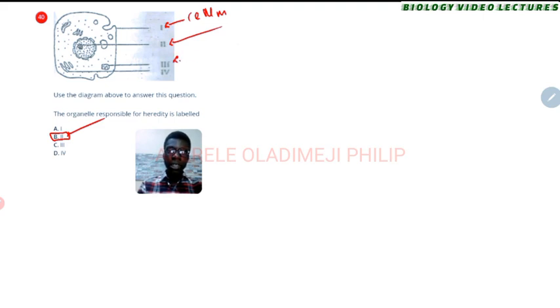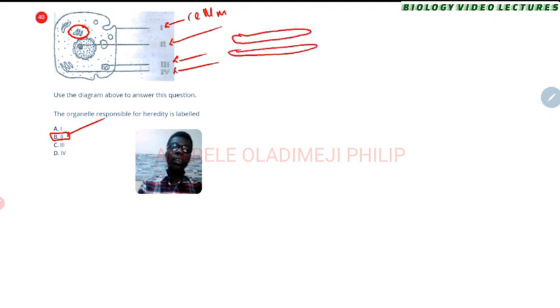Then 3 is mitochondrion, singular. Then 4 is your endoplasmic reticulum. Yes, this other one here is Golgi apparatus. See, the endoplasmic reticulum used to look like Golgi apparatus, but this is the difference. This is Golgi apparatus I'm drawing. It's like you have shells without attachment. But for endoplasmic reticulum, you're going to have something like this.